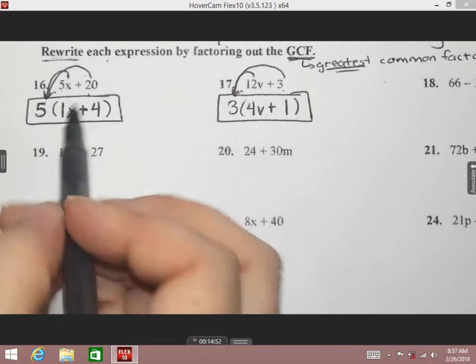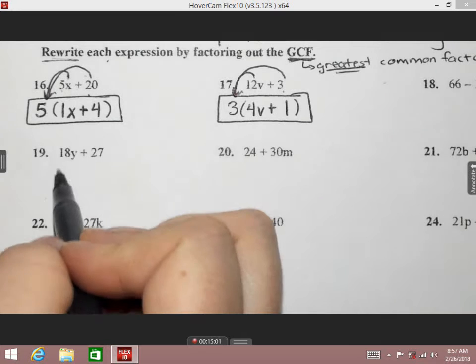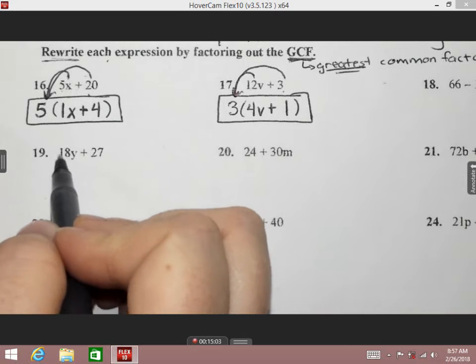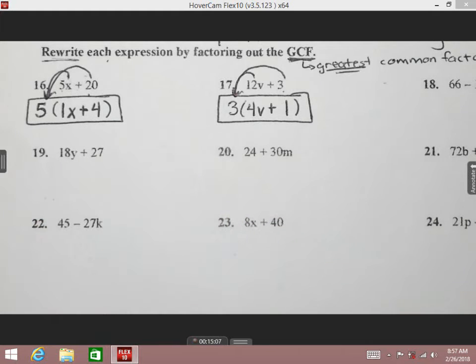All right, let's look at number 19, and then I'll let you finish out the rest. You'll have the rest of the class period, which is a good 27 minutes. So, what's the biggest number that will go into 18 and into 27? Emily? 18 will not go into 27.